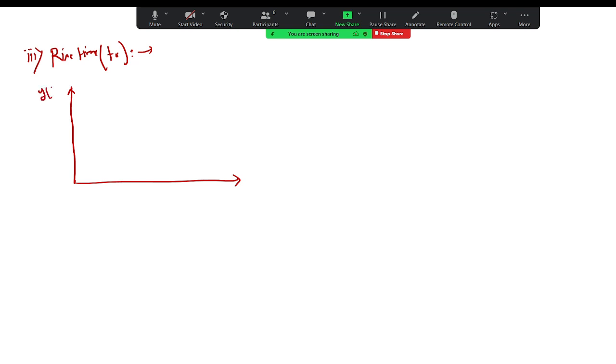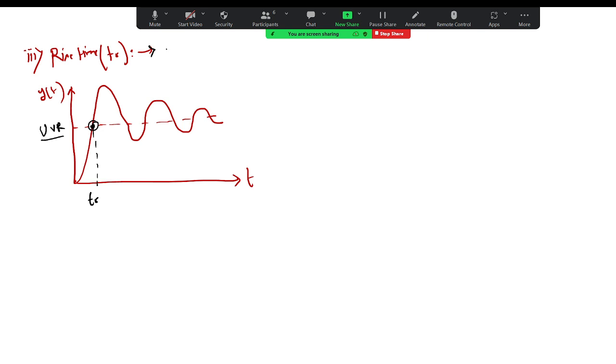If I plot y(t) versus t, and this is our ultimate value of response, the graph looks like this, right? So the time at which this response reaches its ultimate value for the first time is your rise time.